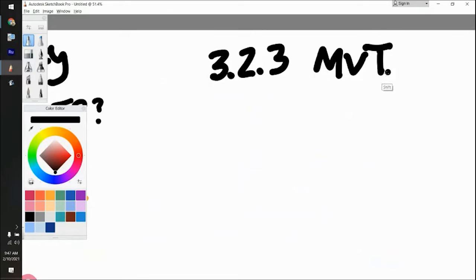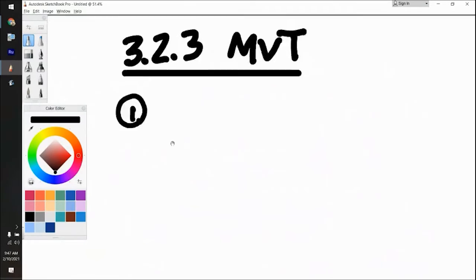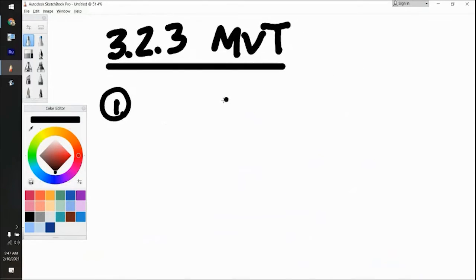Mean value theorem. You'll never see me actually write it all out. I always just write MVT. All right, I'm actually going to write down the words for this because AP follows a very strict wording for this.